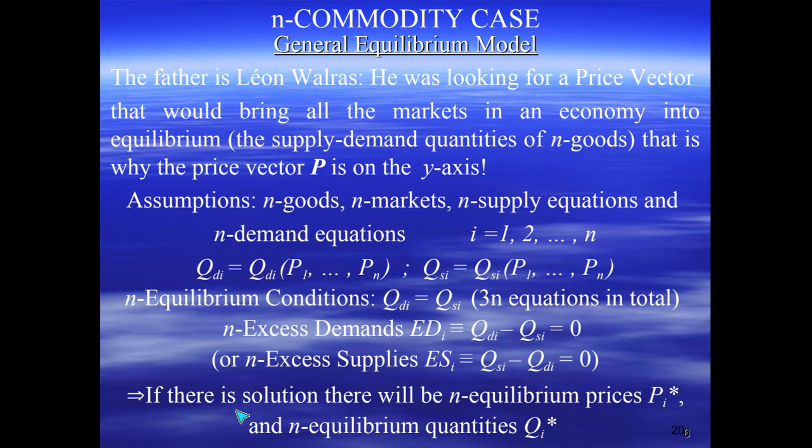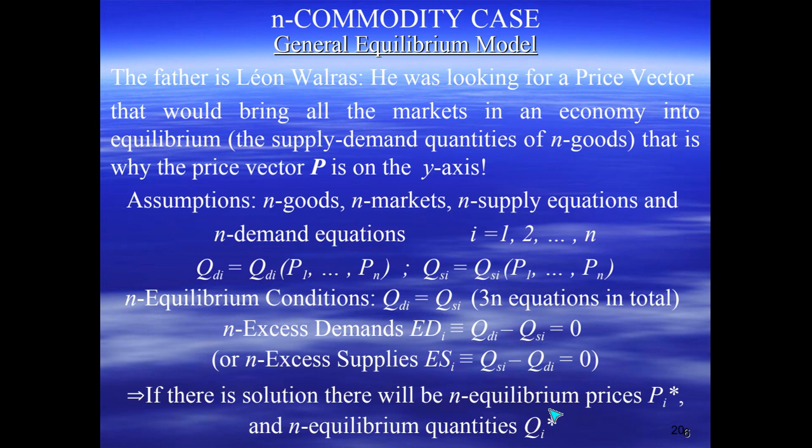Otherwise, we can face other situations. We can have no solution at all, or many solutions, more than one solution, infinitely many solutions for the model. So if there is a solution, there will be n equilibrium prices Pi star, from P1 star to Pn star, where i represents these indices, and n equilibrium quantities Qi star.